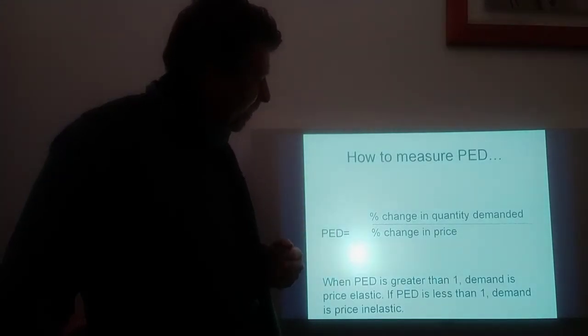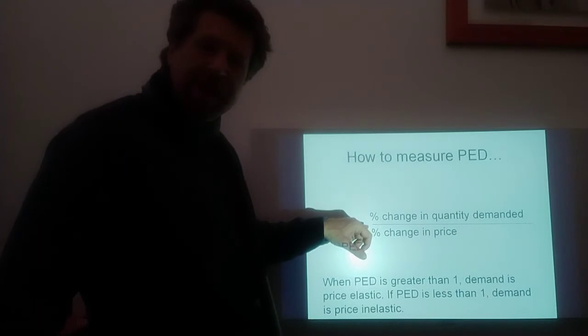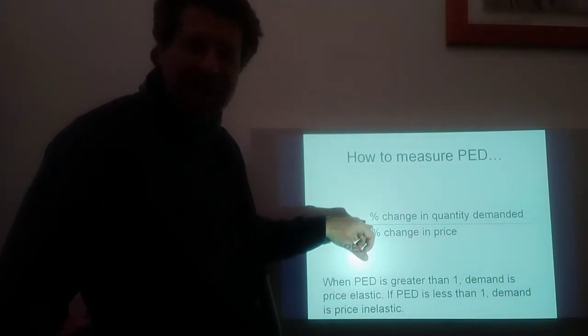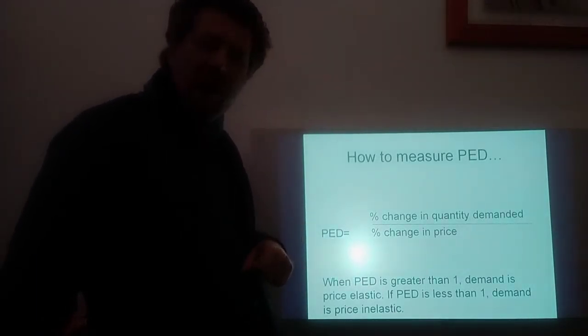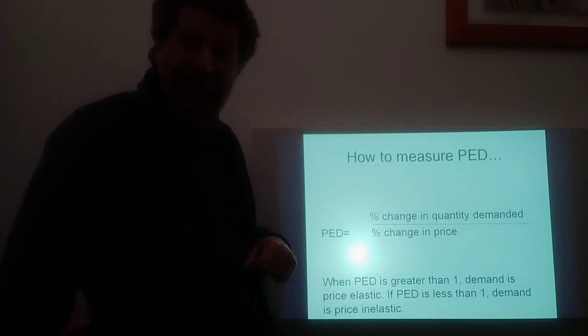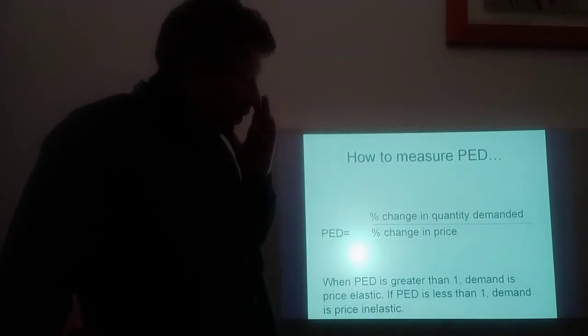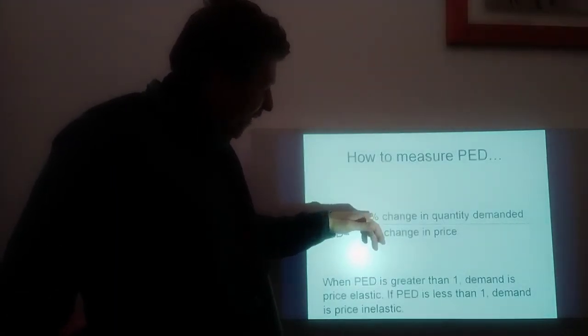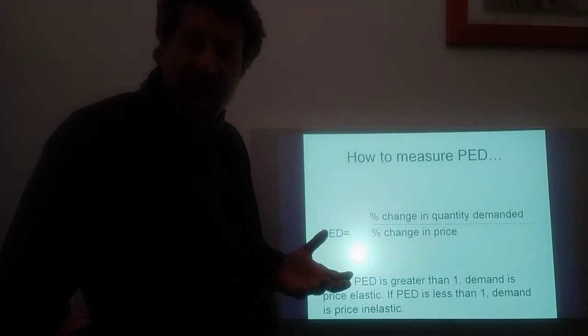Let's think about this. So maybe coffee goes up 10% to 1.10, from €1 to 1.10, and maybe the demand has gone down by 50%, from 4,000 to 2,000 cups consumed. So 50 over 10 is 5.